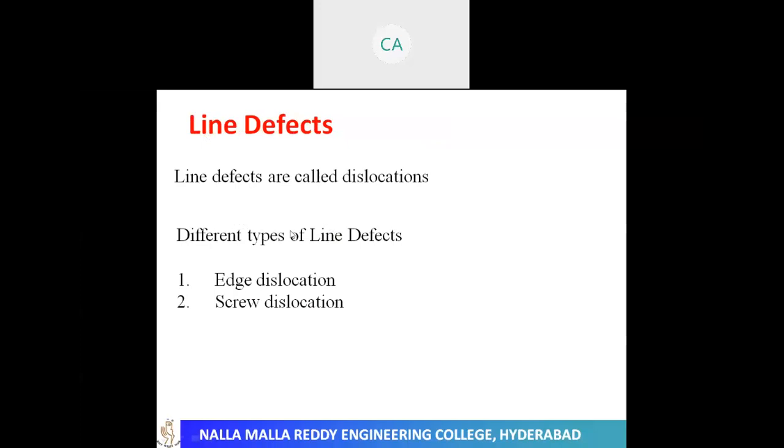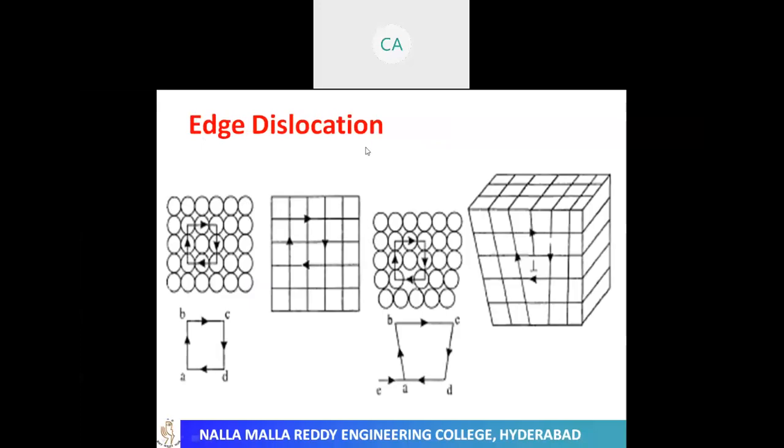Now, we will study in detail about line defects. The line defects are further classified as one, edge dislocation, and second, screw dislocation. Now, we'll see edge dislocation.